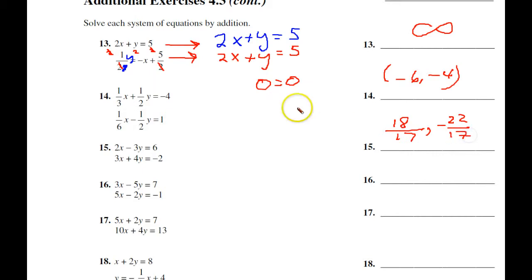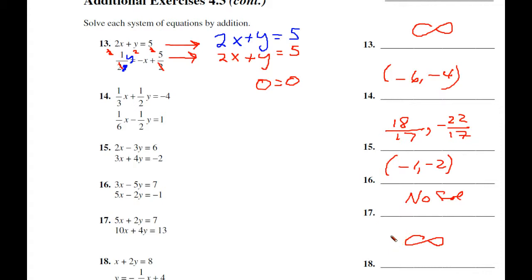Yes, that would be quite a job. 16 is a -1, -2. 17 is no solution. The lines are parallel. 18 is infinite number of solutions.